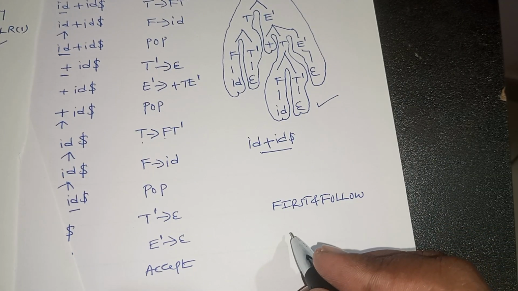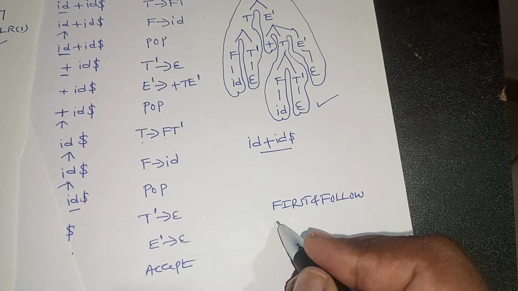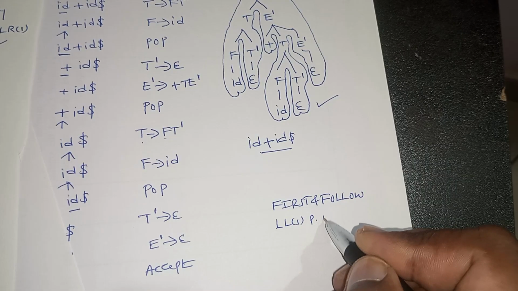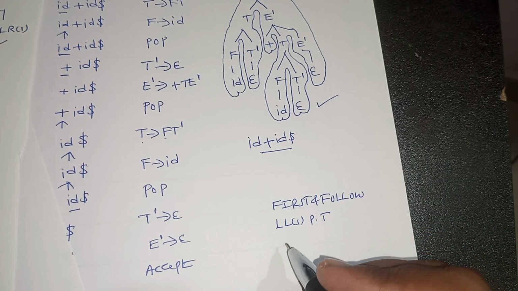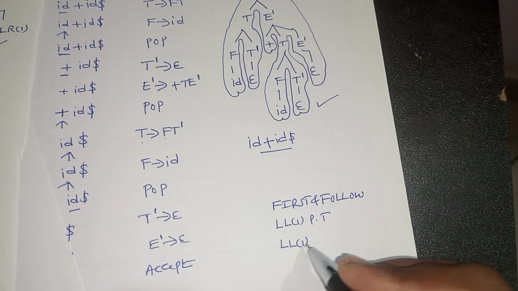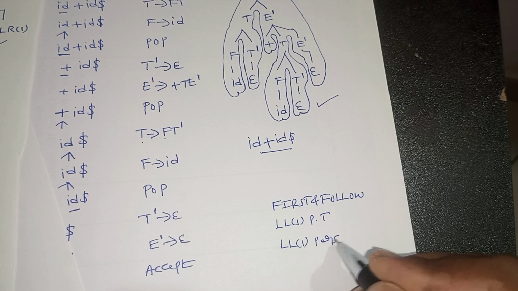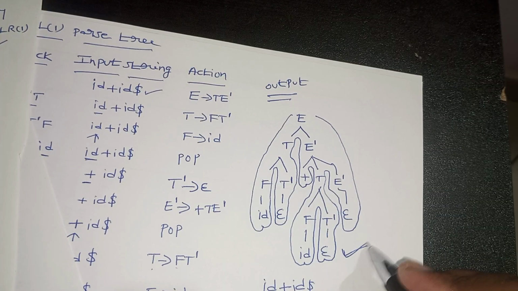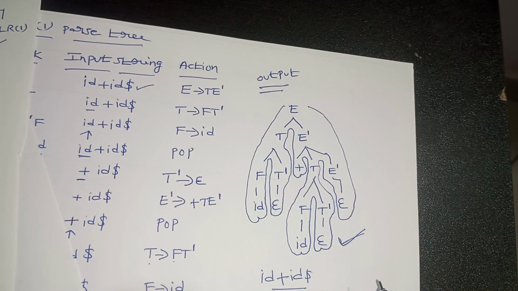Using first and follow, we have built the LL(1) parsing table. Using the parsing table, we have constructed the LL(1) parser. So these three steps you have to do to get this output. Okay, thank you.